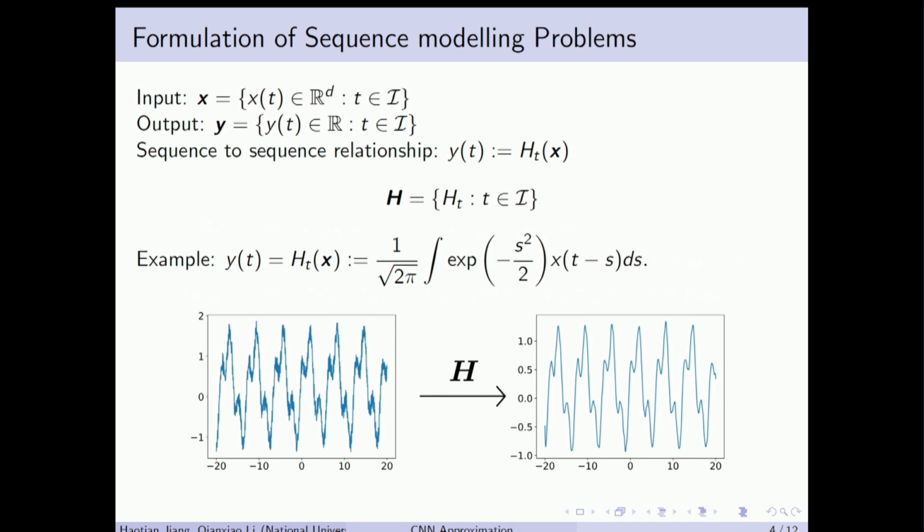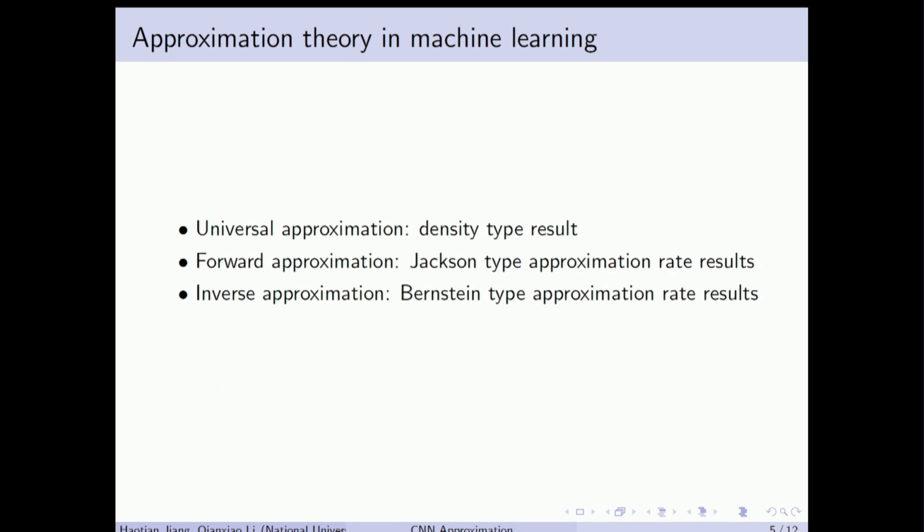And next, I will introduce the approximation theory we are considering. Basically we are considering three different questions in the approximation theory here. The first is universal approximation, which we call a density type result. And we also have the forward approximation and the inverse approximation.